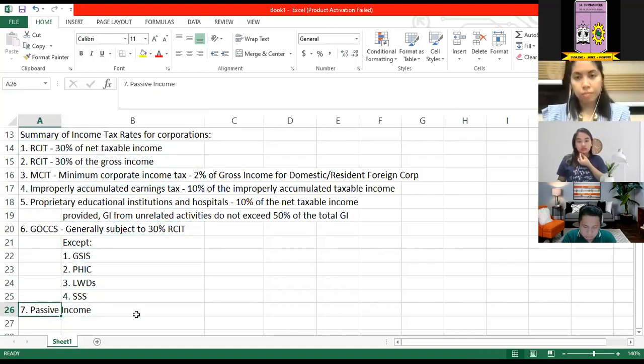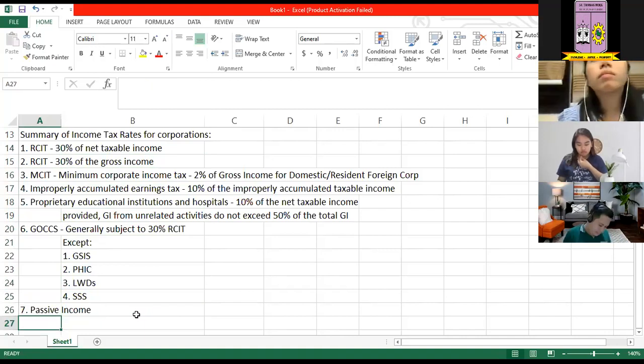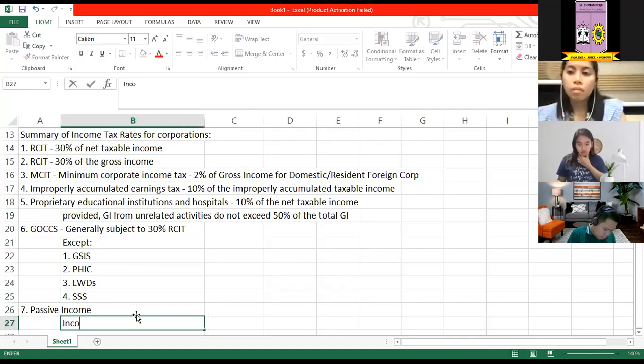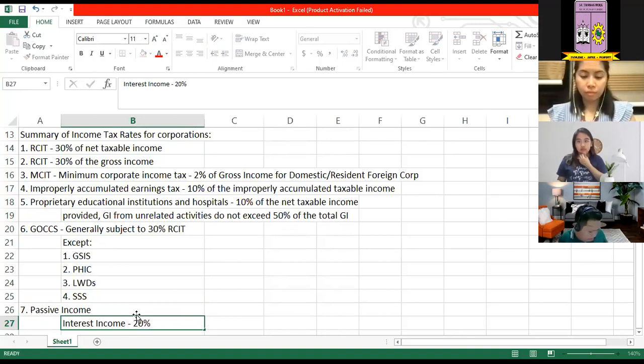Okay? So, for passive income, paragraph D, interest from deposits and yield or any other monetary benefit, 20%. O gaya ng individual, interest income, subject to 20%.